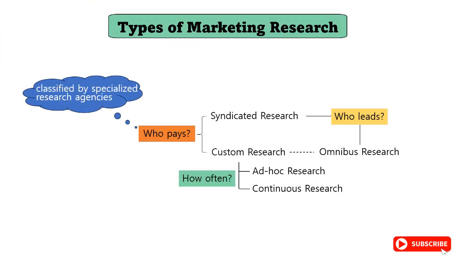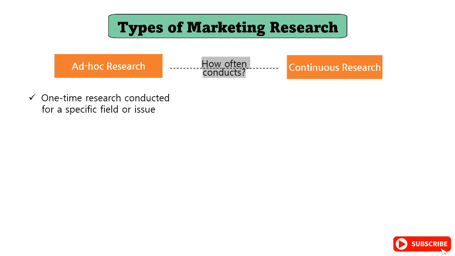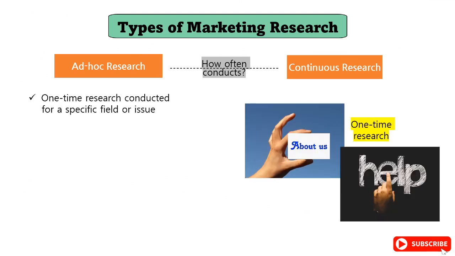Next, I will explain the ad hoc research and continuous research. Some research agencies divide the types of research into ad hoc and continuous research, depending on how often the research is conducted. Ad hoc research refers to one-time research conducted for a specific field or issue.